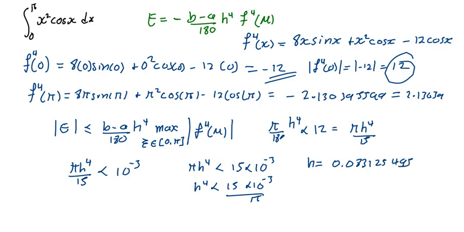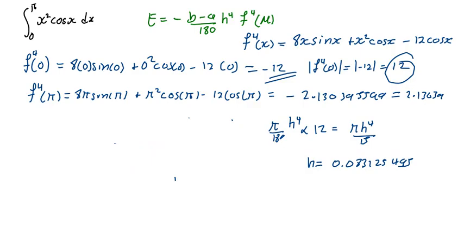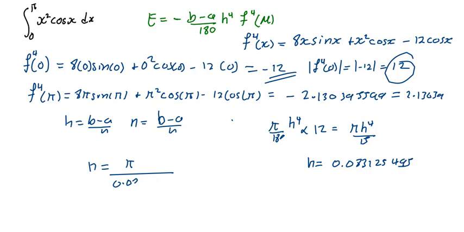And remember, we're also looking for the value of n. Our n is coming from the value of h. What we know is that h is equal to b minus a divided by n, meaning n is equal to b minus a over h. So n is equal to pi, which is our b because a is 0, divided by 0.083125495.